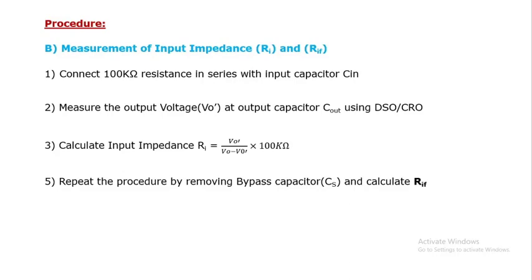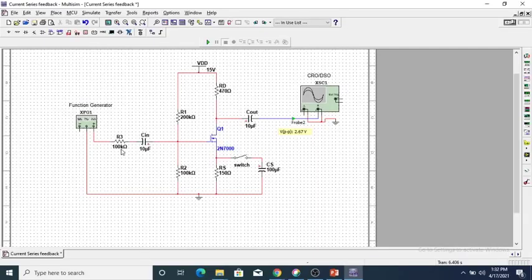Now I will simulate this in the Multisim software. So this R3 is connected to the input capacitor Cin. The value of R3 is 100 kilo ohm. Now simulate it with the switch closed. So when R3 is connected, the output voltage is 1.07 volts. This is nothing but V0 dash.